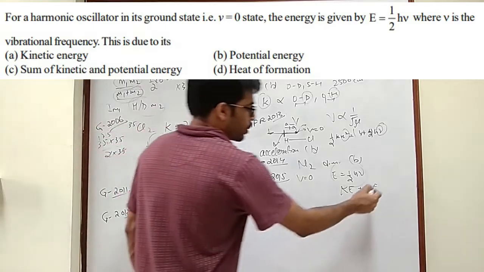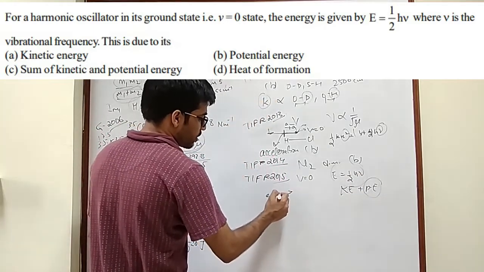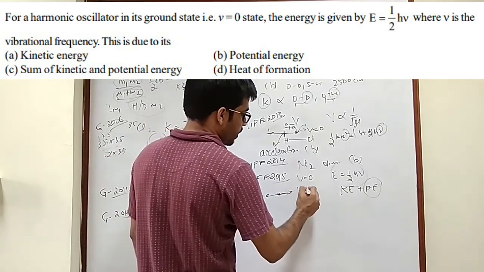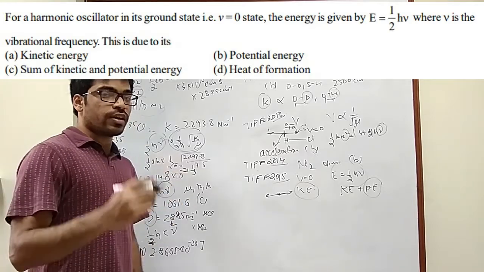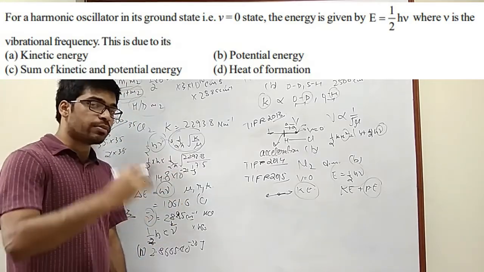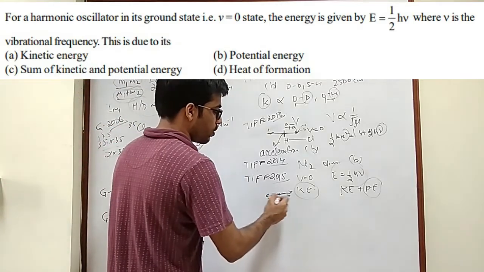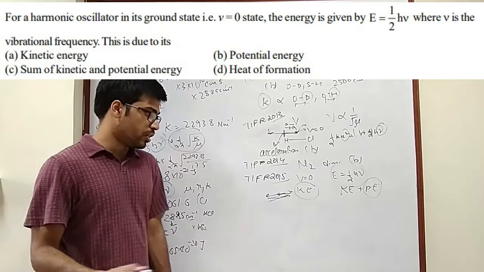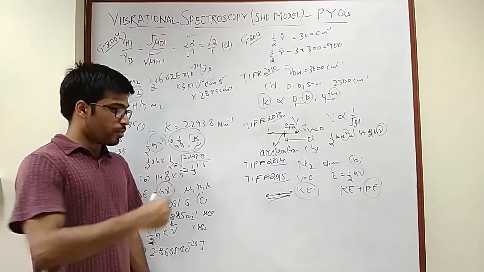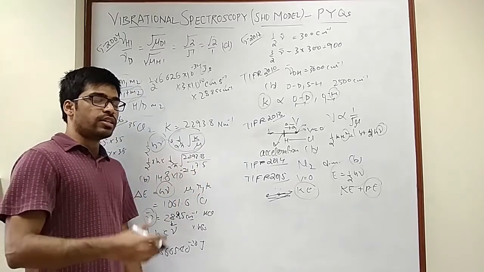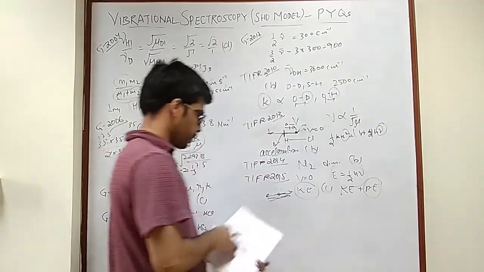It cannot be only potential energy, because if it is vibrating, it has some velocity and it will have some kinetic energy. Kinetic energy will only be zero at zero temperature when there is no energy present in the molecule. But if a small amount of energy is present, it is doing some kind of vibration and it will have some kinetic energy. Potential energy will obviously come because of this vibration. The distance is decreasing from the other atom, and thereby a potential is generated. So this will be option number C.